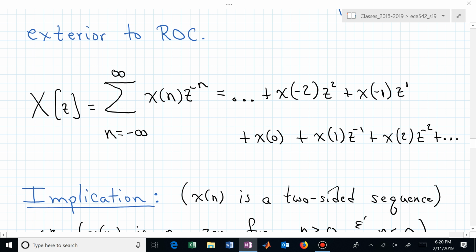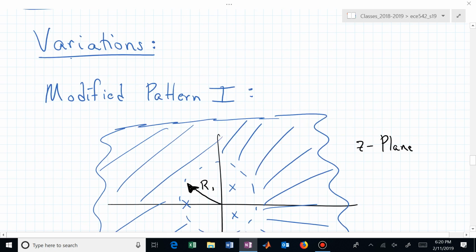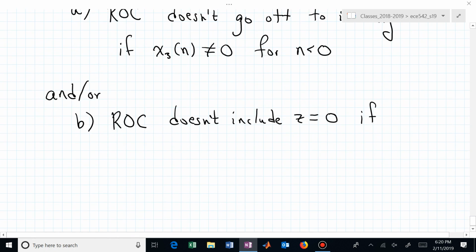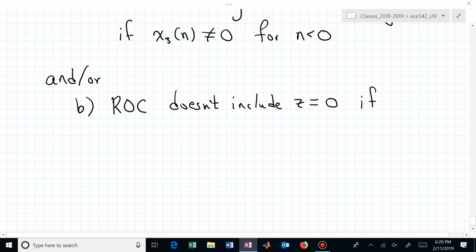So if we exclude 0, we can actually have non-zero values for x of n when n is positive. So let me see if I can write that down. So now the region of convergence, if it doesn't include z equals 0, if x sub 3 of n is not equal to 0 for positive indices.